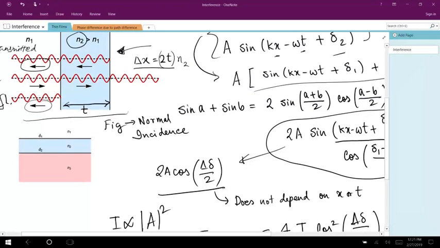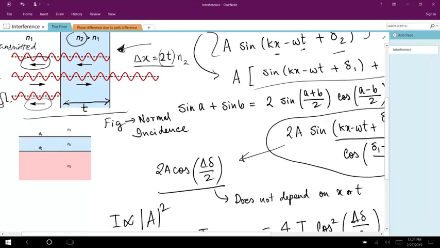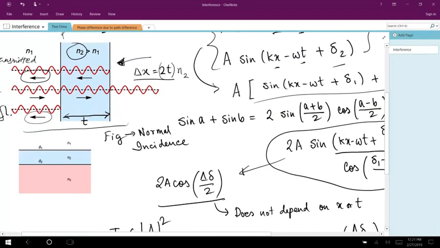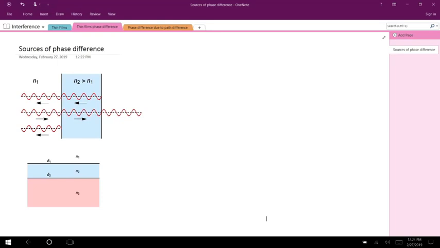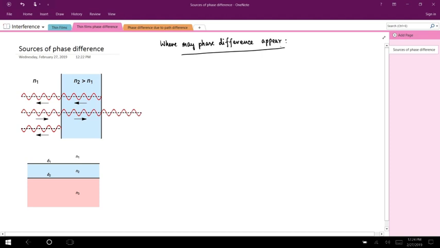There's something else that's going on, and we'll discuss this in a second. So we have already seen one source, or actually two sources, of where phase difference can appear from. So we'll see where phase difference may appear, right? So we'll give you a few, quote unquote, cardinal rules.